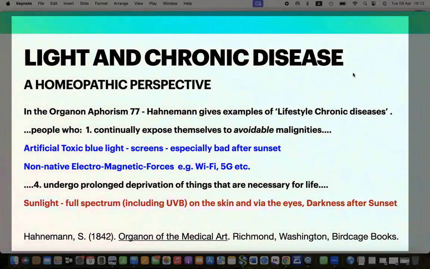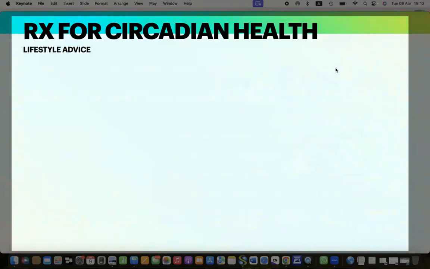And via the eyes means without glasses, and in particular without dark glasses, which block the UV. And the other thing we need is as much darkness as possible after sunset, or at least no more blue light after sunset.